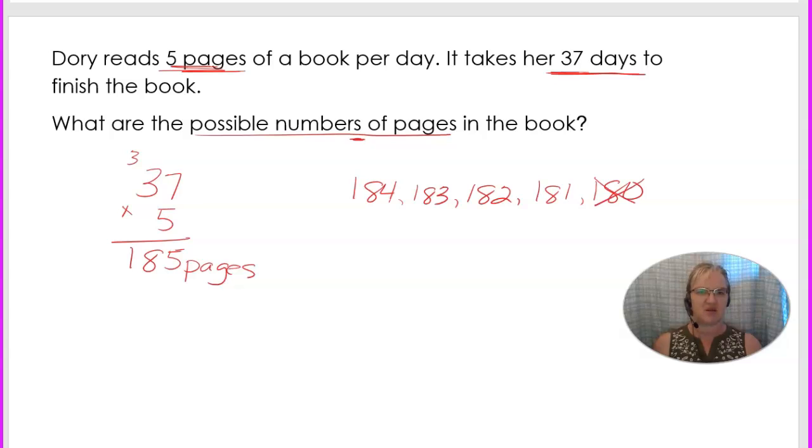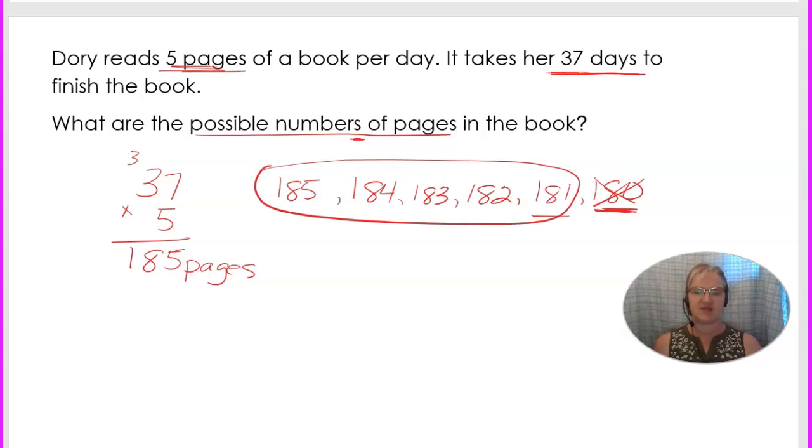No, it can't. Then it would have taken her 36 days to read 180 pages. So it can't be less than 180, and it can't be more than 185. So these are your choices for your answer. It asks what are the possible numbers of pages in the book. It could be anything from as low as 181 to as high as 185. Those are the choices that we have.